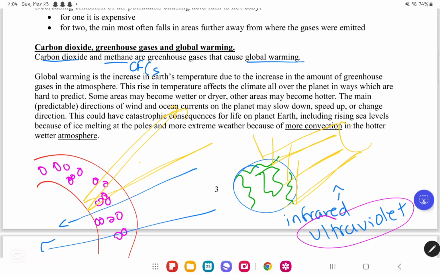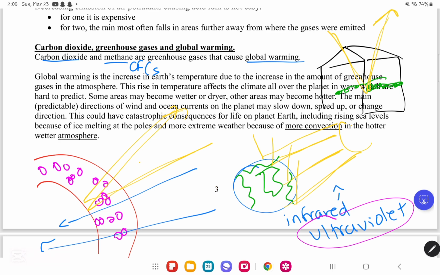Now, we call this the greenhouse effect because it's similar to how a greenhouse works. If you've ever seen a greenhouse, those houses made out of glass with the plants in them, these are the plants. It's the same concept. The ultraviolet will come, hit the plants and bounce back up.